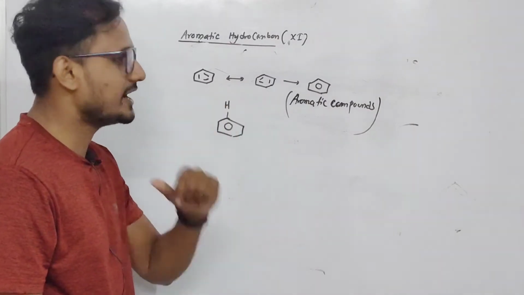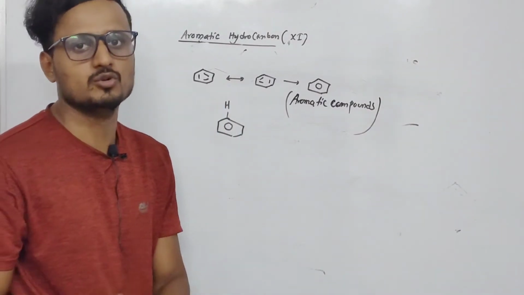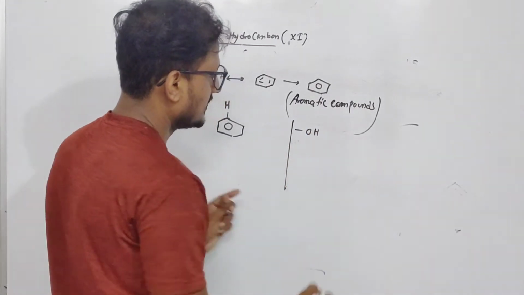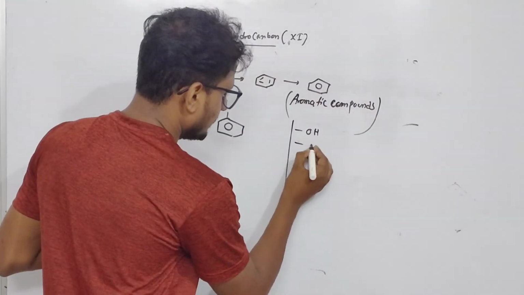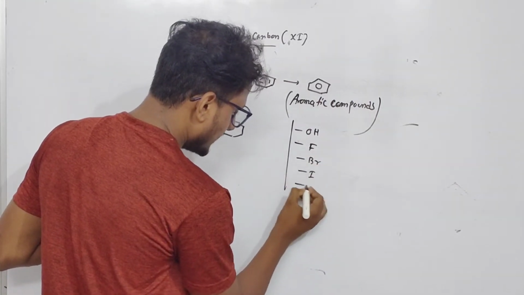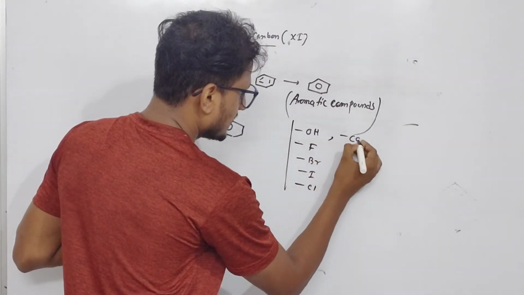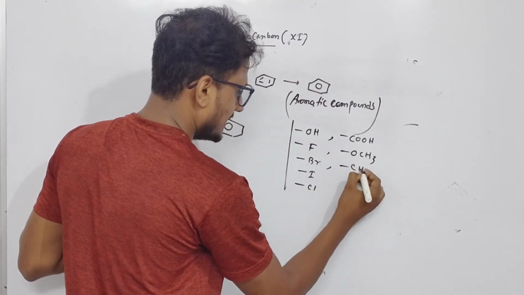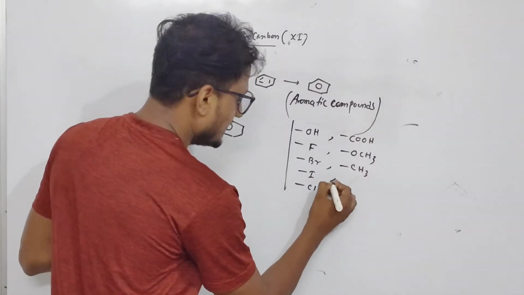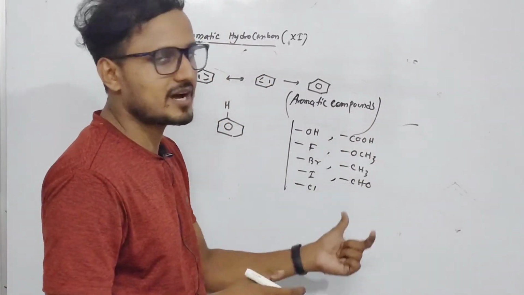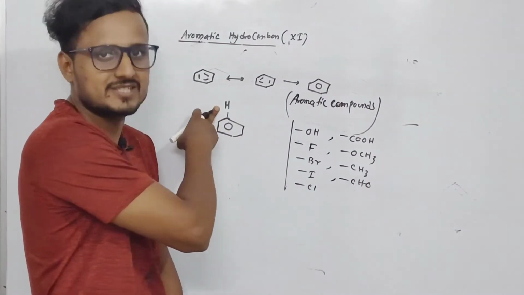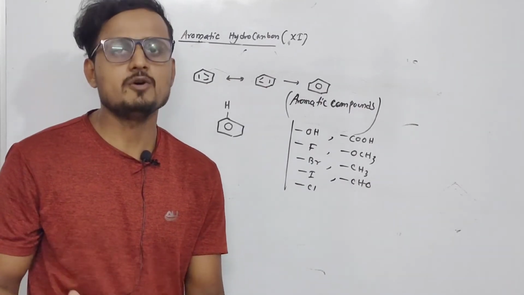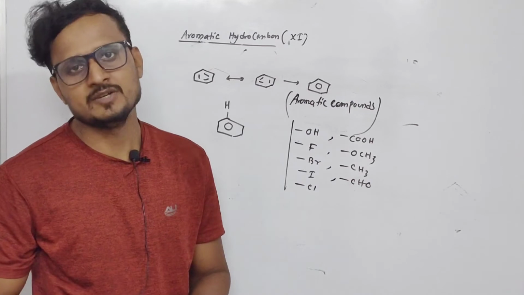Now if that one hydrogen is substituted by organic functional groups like OH, the hydroxyl group, then fluoride, bromide, iodide, chloride, the carboxyl group COOH, then OCH3 group, then any alkyl group like CH3, then any aldehyde group CHO. If these groups replace any one hydrogen of benzene, then we get the benzenoid compounds. That means derivatives of benzene. The compounds which we get from benzene are called derivatives of benzene.